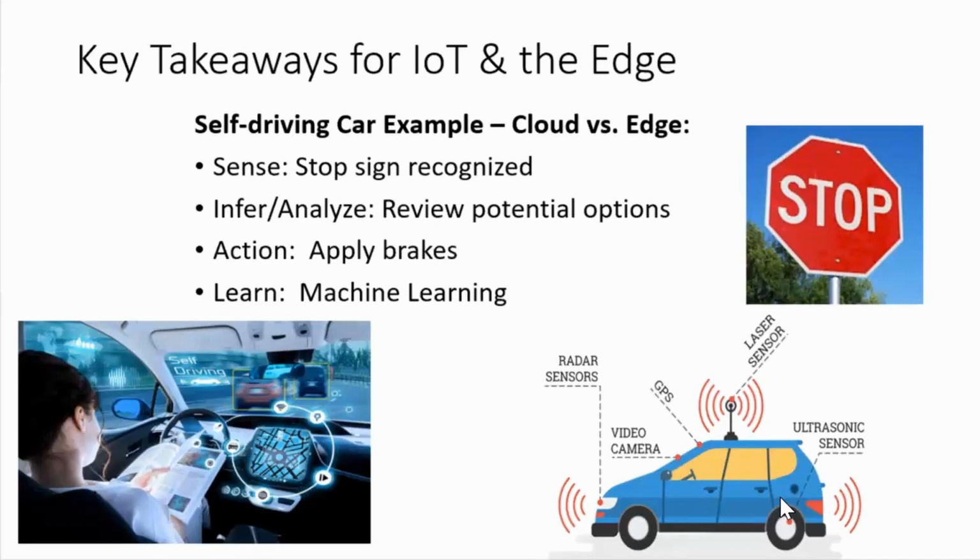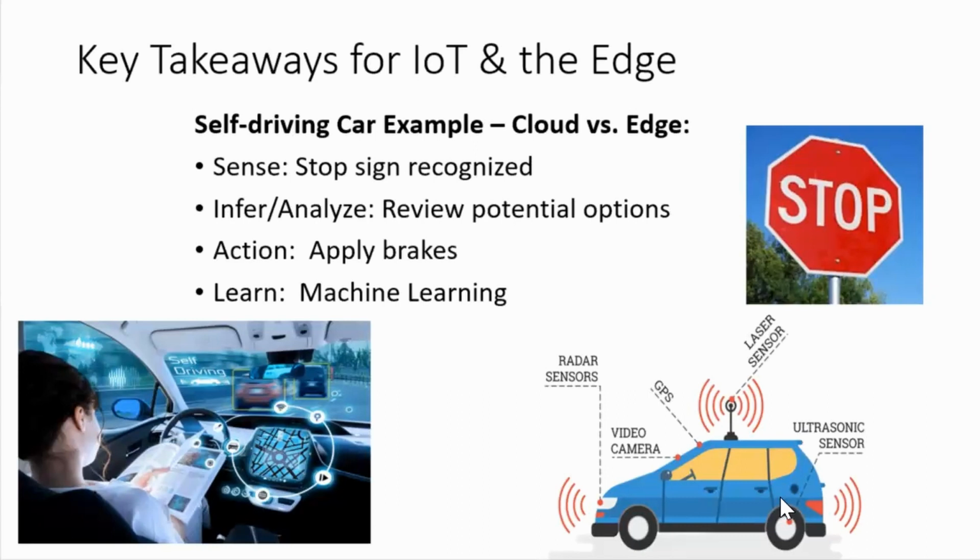So in a Tesla or any other car, you have your sensors. I don't know the specifics of how much radar is used versus camera in a Tesla, but I'm using this generically, not specific to Tesla, just generically for a self-driving car. We have to recognize, and in this example I use a stop sign.